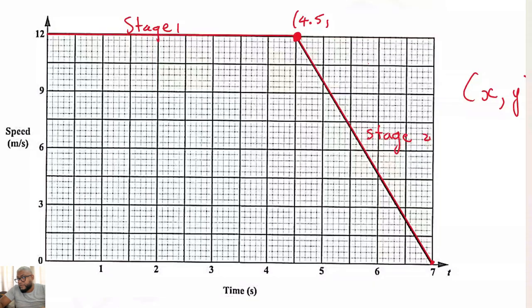This is your y-axis, and this is your x-axis. What number does that point line up with on your y-axis? If you were to look at the point and go to your left, what number does it line up with?